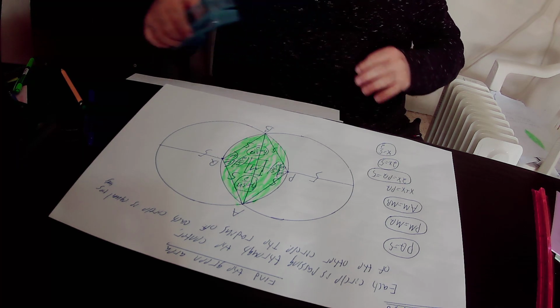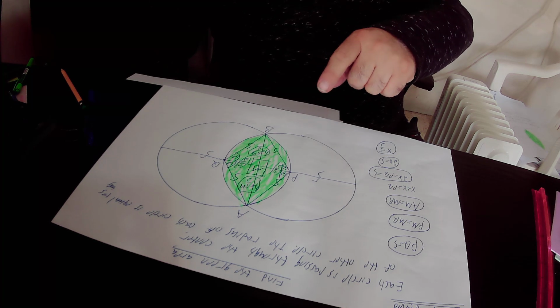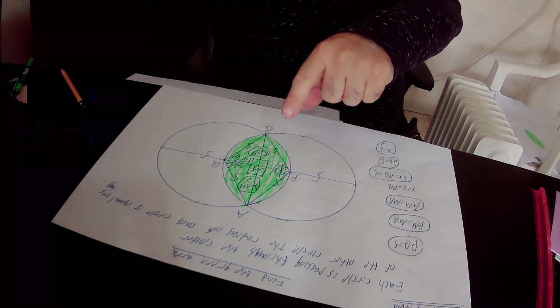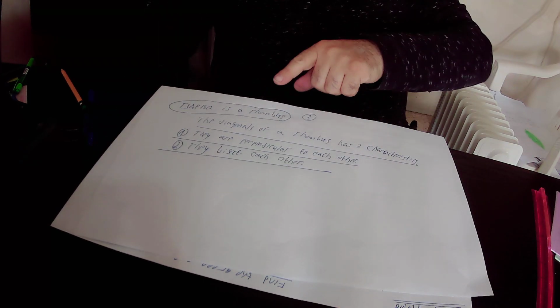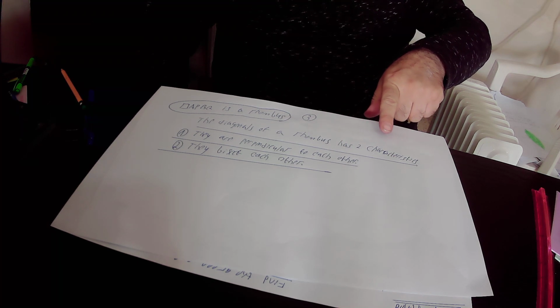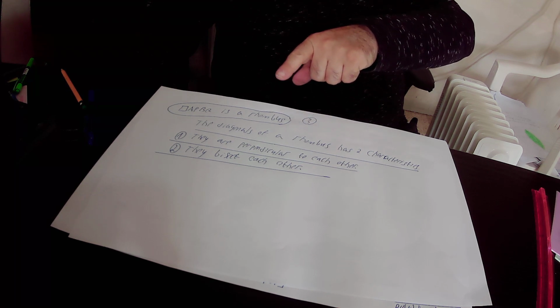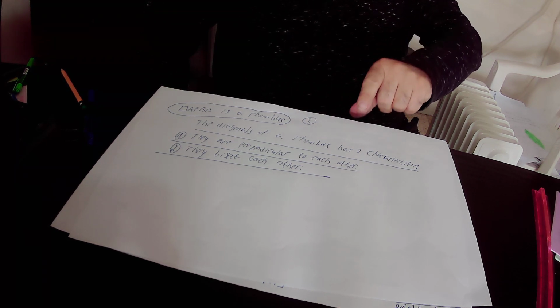And we actually have two characteristics that are attributed to the diagonals of a rhombus. The first characteristic is that the diagonals of a rhombus are perpendicular to each other.